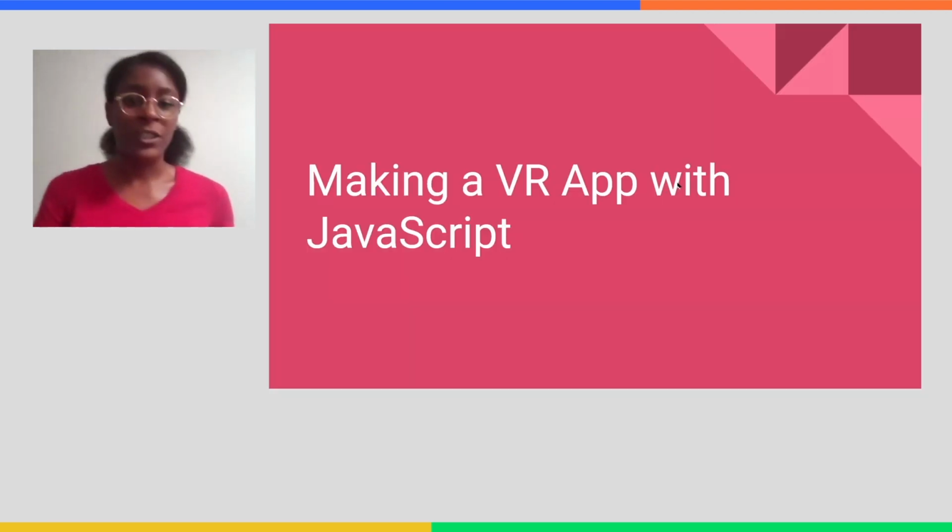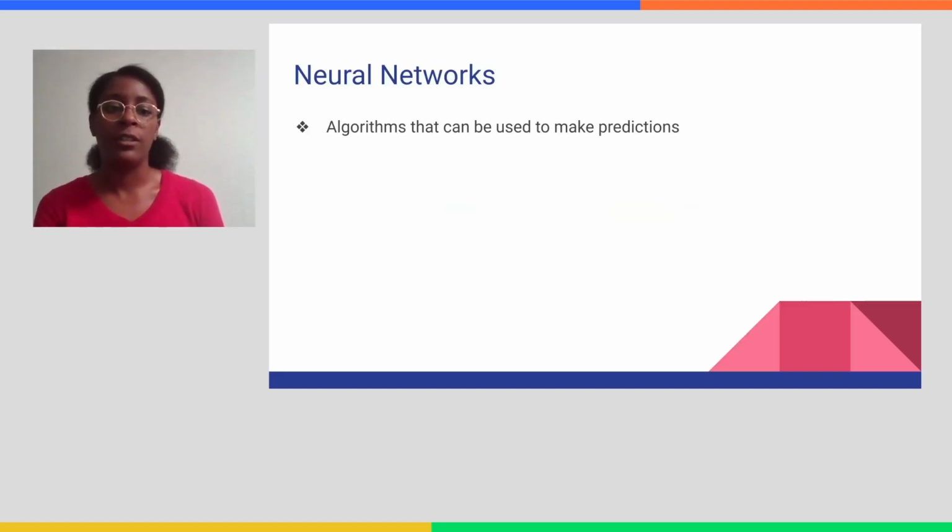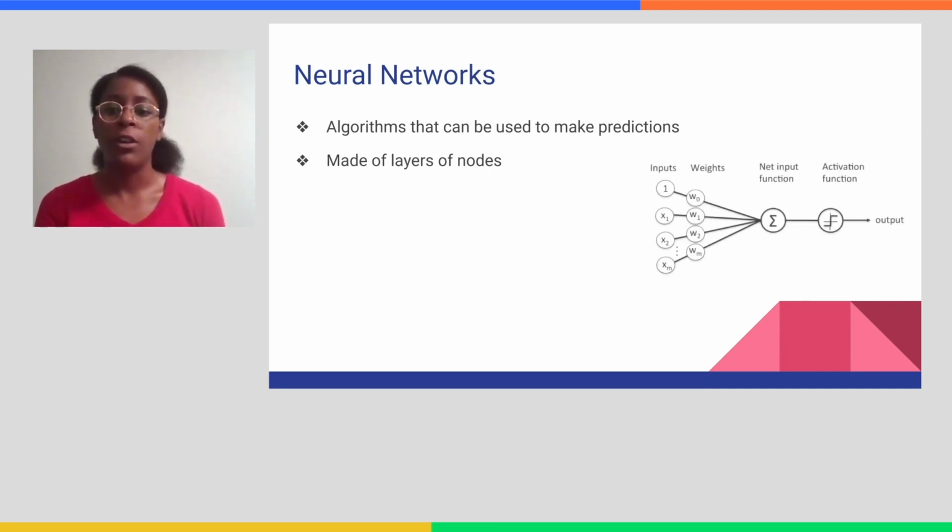Now that you have seen the VR app, we'll talk a little bit about machine learning. So neural networks are a form of machine learning algorithm, and they're just used to make predictions. A neural network is made of layers of nodes because it's supposed to try to represent what the brain is like.